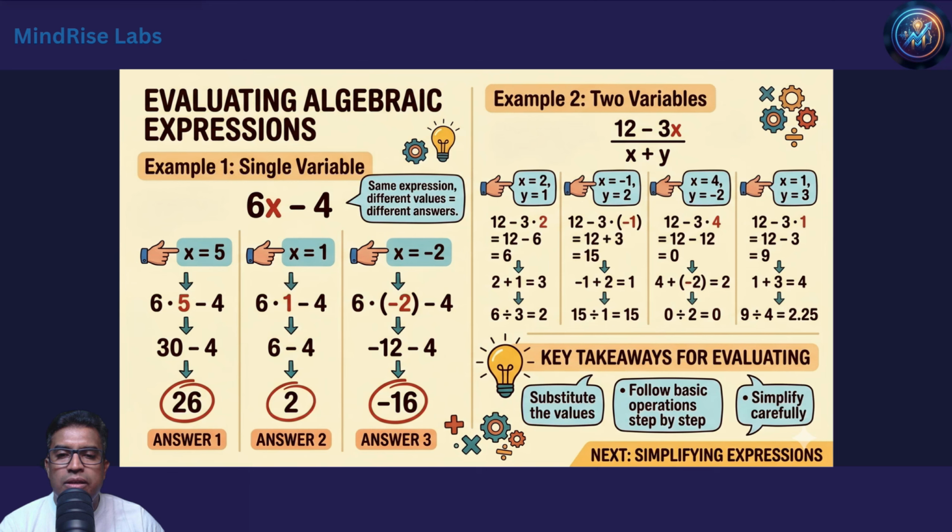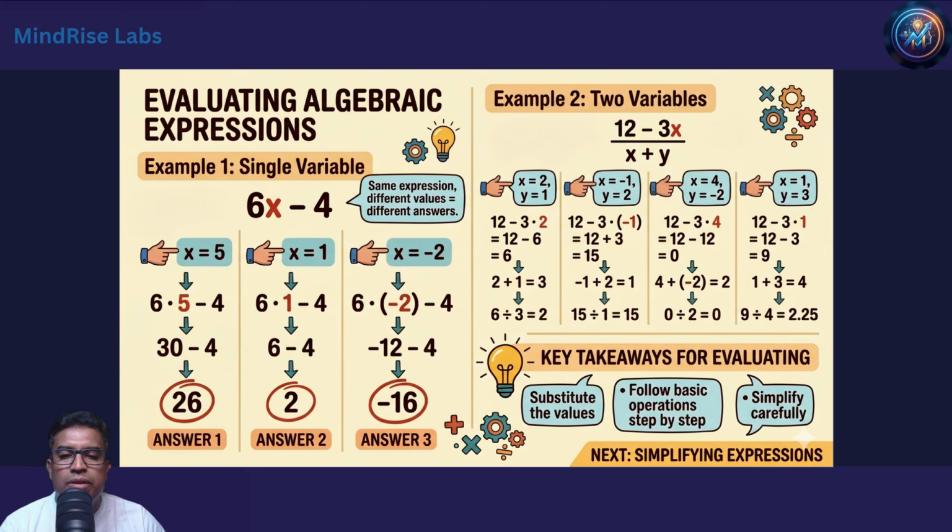As you see, we are solving it. 12 minus 3 times 2, that's 12 minus 6, which is equal to 6. Denominator is 2 plus 1, which is 3. So finally, 6 divided by 3, that makes our answer 2.